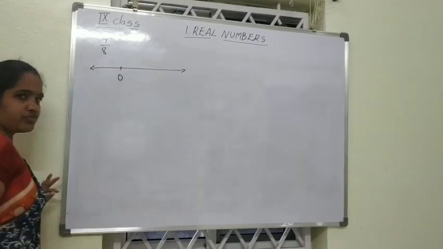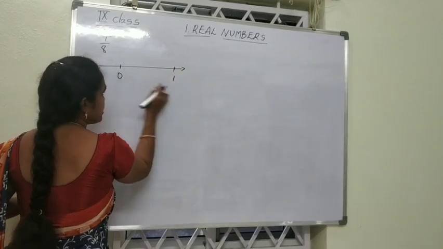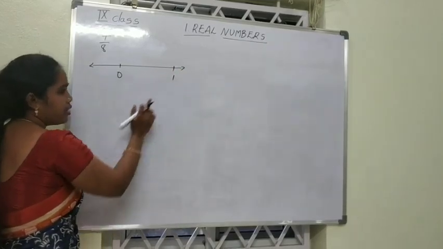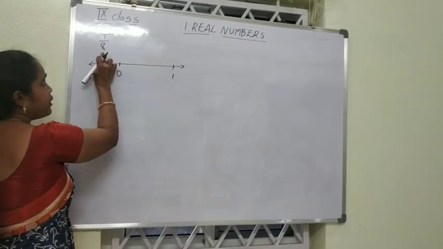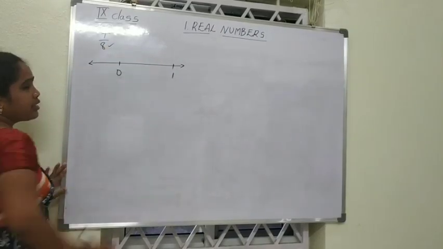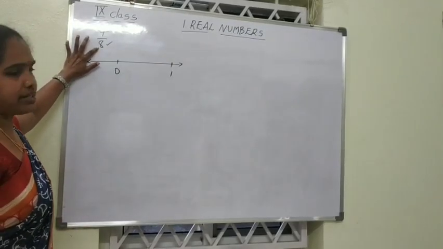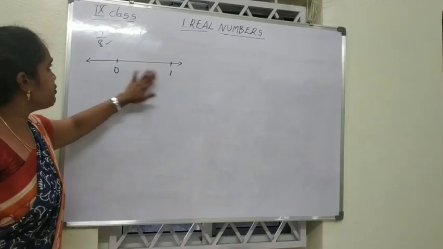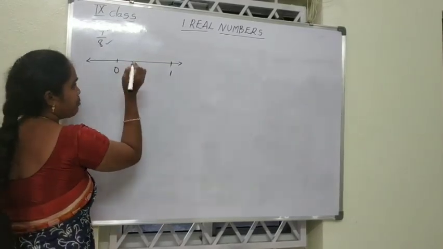So always 0, 1. So this is 1 unit. From 0 to 1, how many units? 1 unit. This 1 unit divides into how many parts? That is represented by the denominator. So 8 parts. So 1 unit dividing into 8 parts. So we have to divide into 8 equal parts.